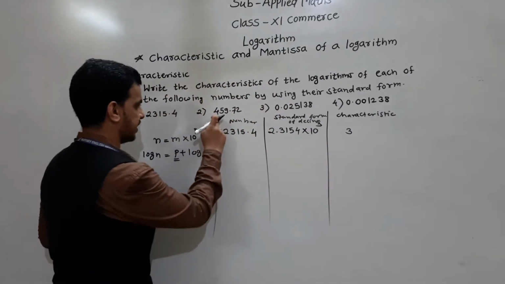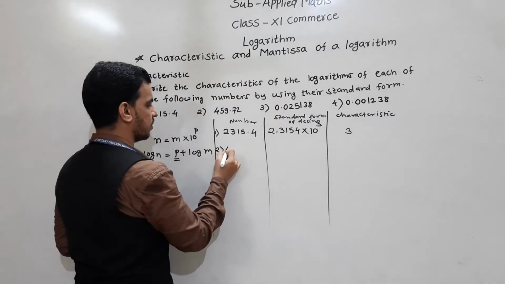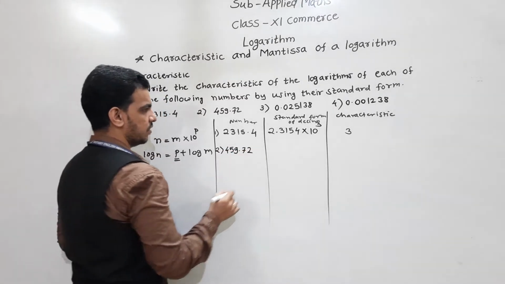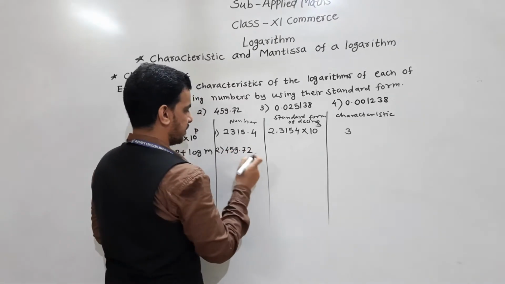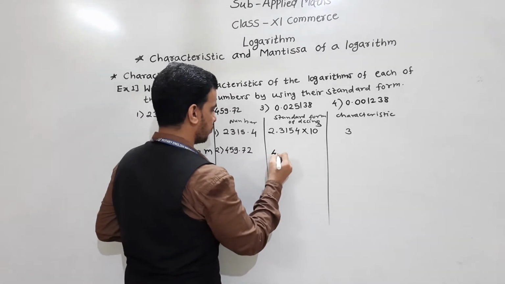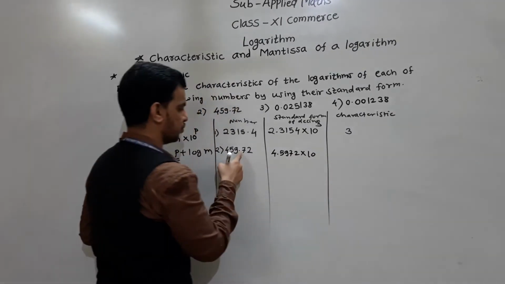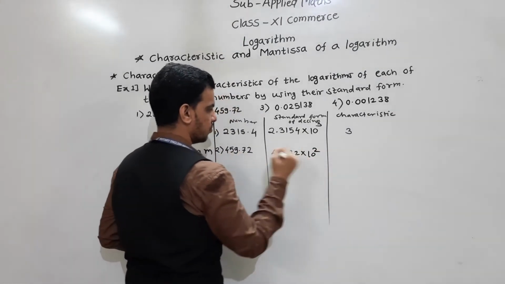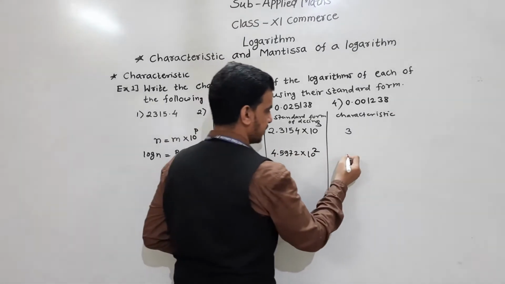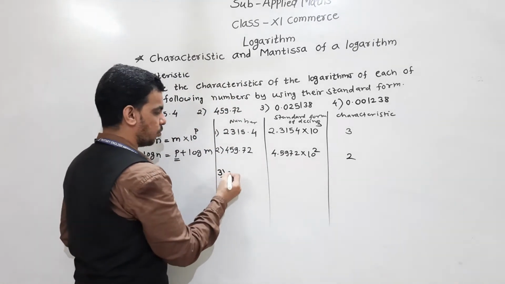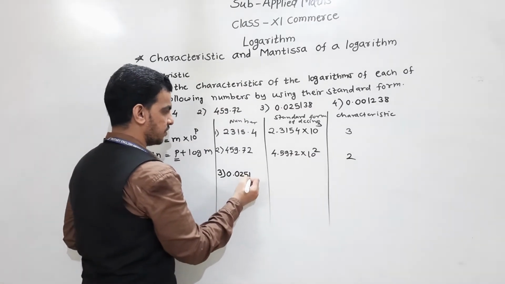Now the second number, how do we write it? 459.72. Now 459.72 we can write as 4.5972 into 10 raised to, we have to shift 2 places, so raised to 2. Now the characteristic is 2. Third one, 0.025138.